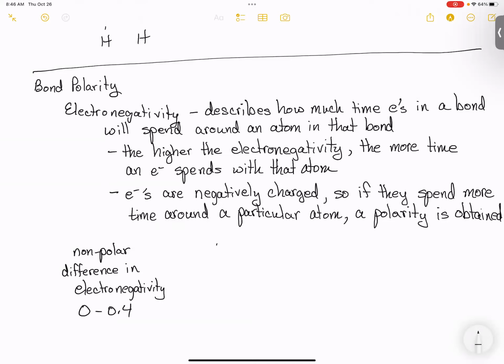We describe it as being polar if the difference in electronegativity is 0.5 to 1.9.